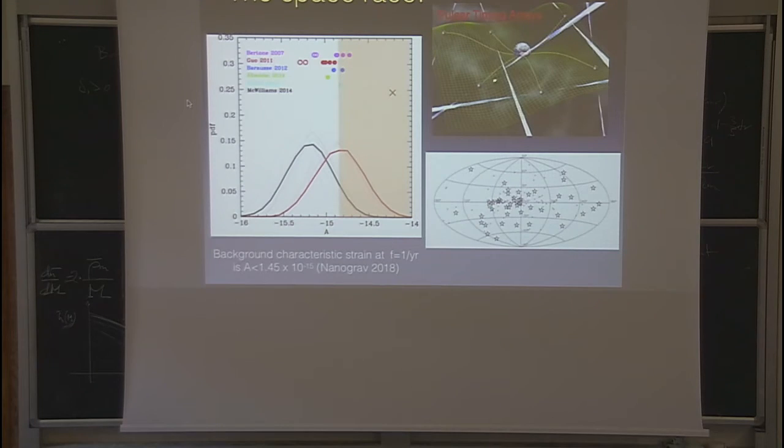So what we do is to time pulsars. Pulsars are rotating magnetized neutron stars whose magnetic field is misaligned with the rotation axis. So they're essentially lighthouses. So whenever the magnetic dipole points at you, you receive a radio signal.